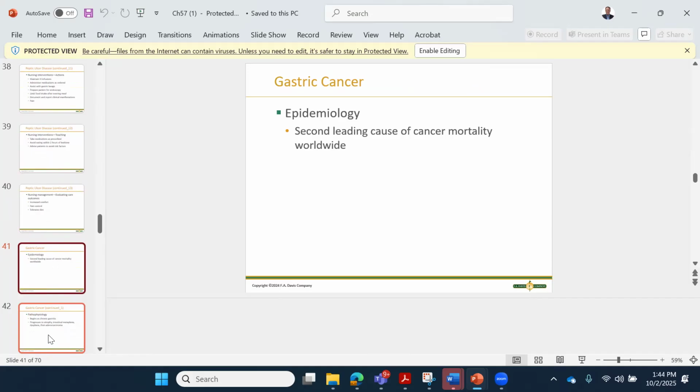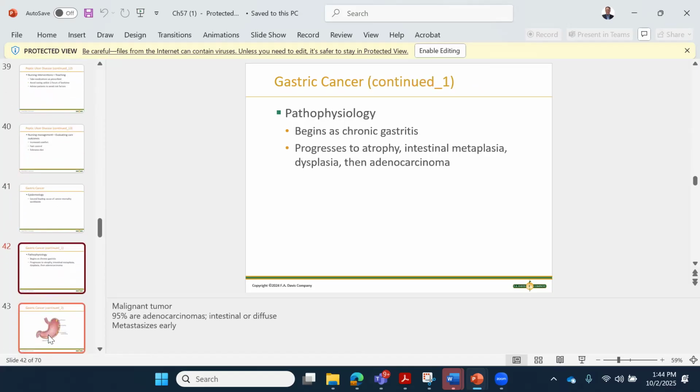Gastric cancer is the second leading cause of cancer mortality worldwide. Gastric cancer usually begins as gastritis. And over a period of time, this dysplasia can lead to an adenocarcinoma.